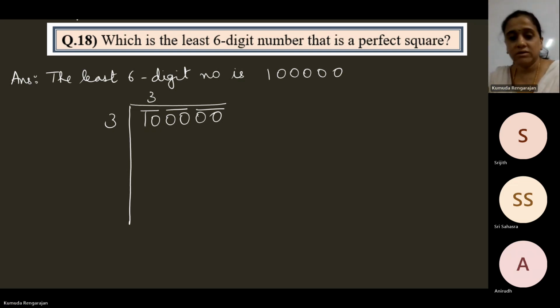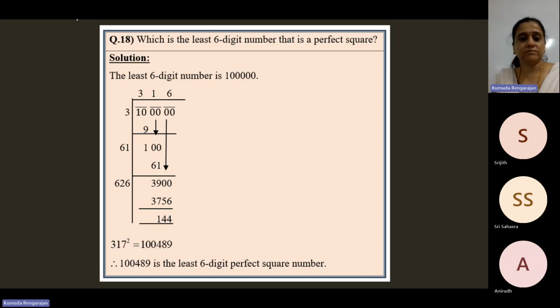Okay. Got to present the answer. Who's right? Anirudh, Sahasra. Me, ma'am, I am right. You got 144 as a remainder. Yes, ma'am. Navneet?